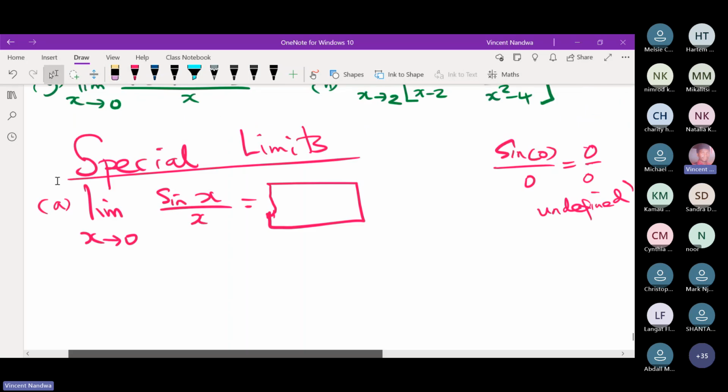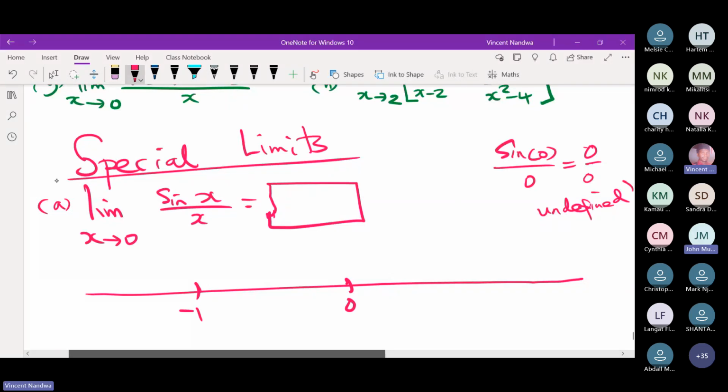Recall that when we say limit as x approaches 0, it means we are getting closer and closer to 0. If this is my number line and this is the number 0, let's say I have here -1 and here +1. This is minus infinity, this is positive infinity.